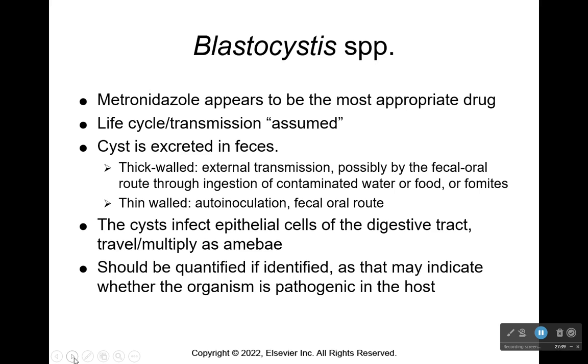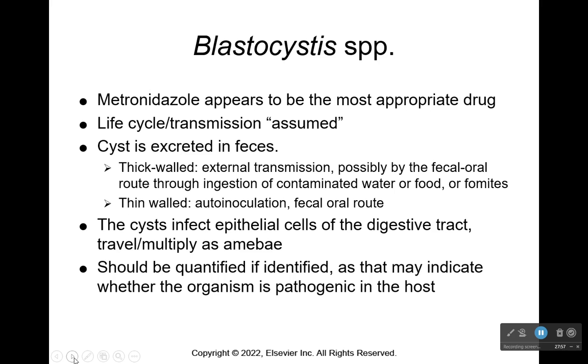They were classified as amoeba because the way they develop in the digestive tract, the way they travel, the way they multiply is more like an amoeba than a yeast. This one, because they're not sure of the pathogenicity, they do quantitate the numbers.